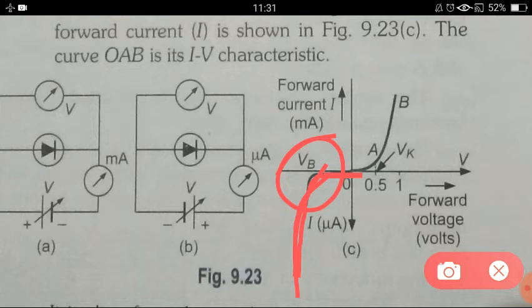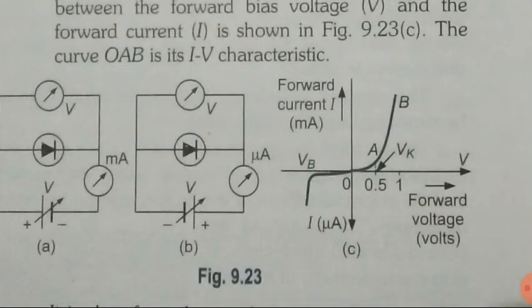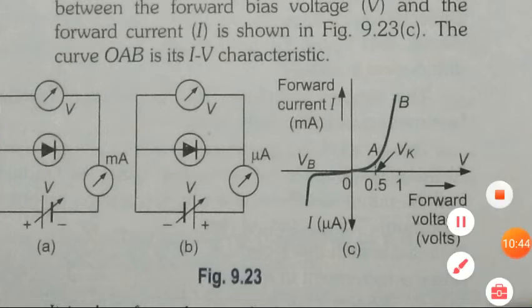In reverse biasing the width of the depletion layer increases, but at this voltage the depletion layer breaks. That's why it is called breakdown voltage. The breakdown happens for two reasons, which give the names avalanche breakdown and Zener breakdown. So two types of breakdown are there.